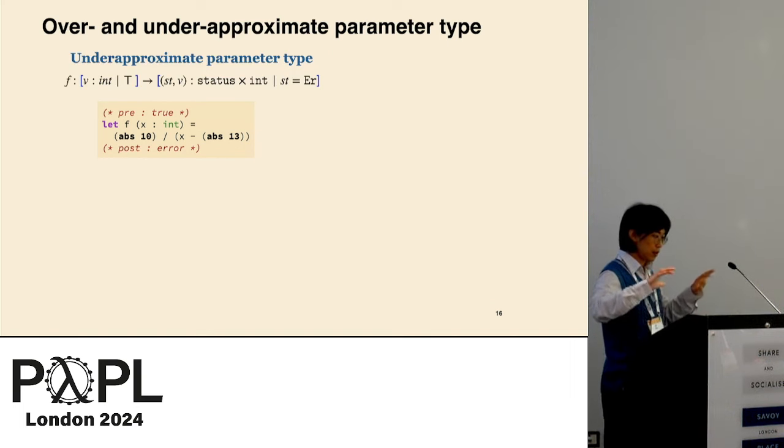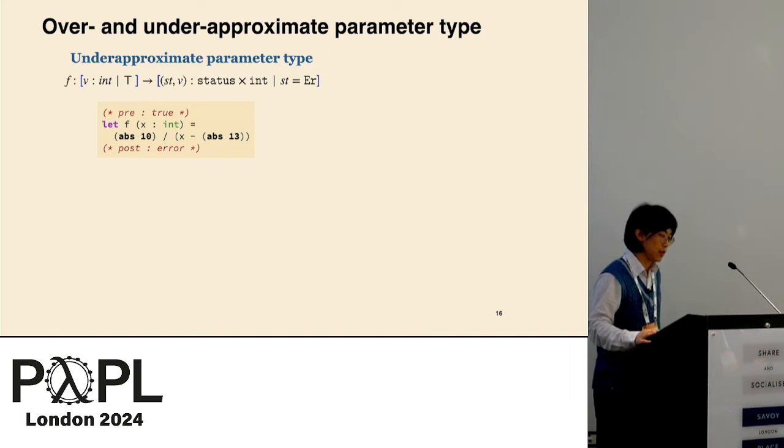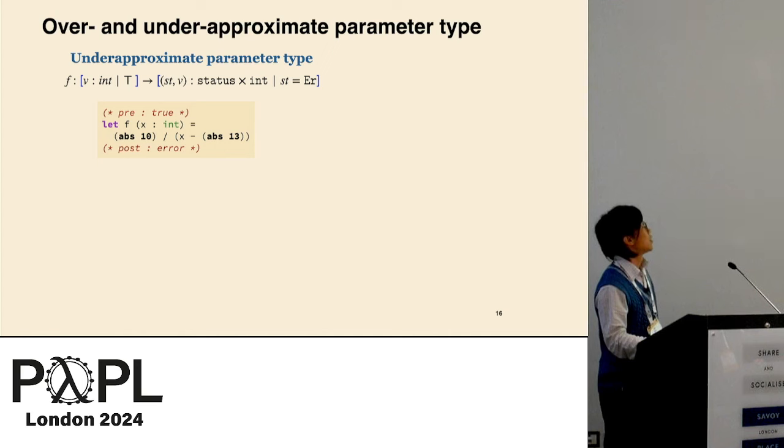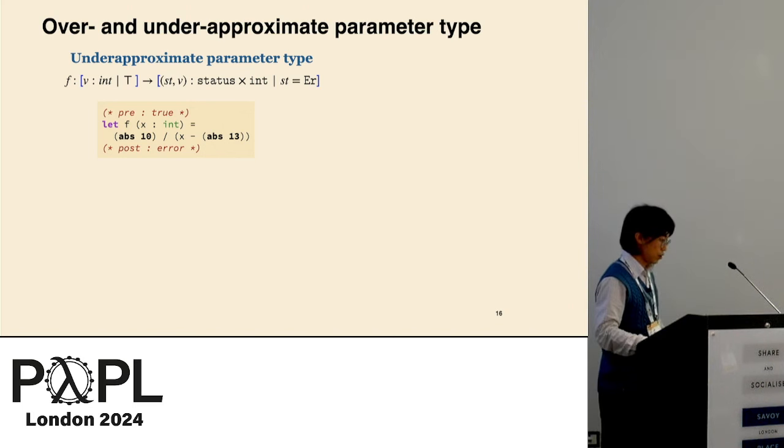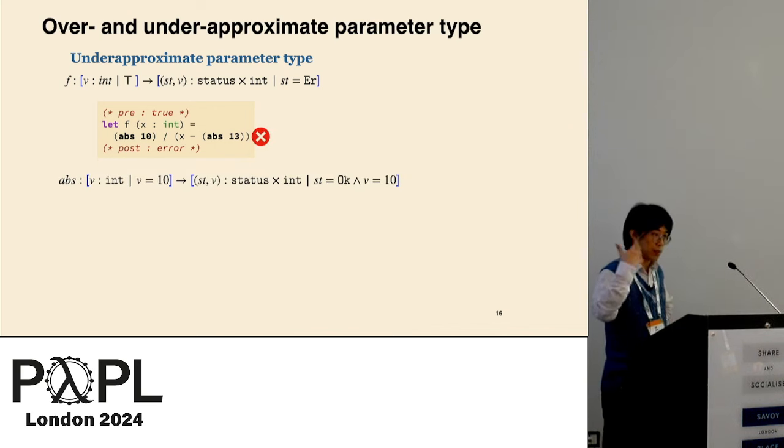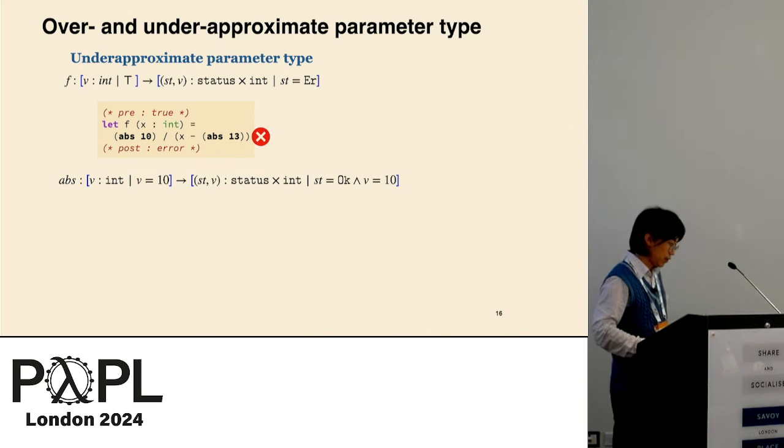So this incorrectness property can easily translate to the following coverage type. The parameter type is under-approximated. This means that there exists some integer, so that is the top type, and the postcondition says that it is an error. However, what is the type of the ABS? The ABS, if we still treat it as an under-approximation type, maybe we can say that v equal to 10 is a parameter type.